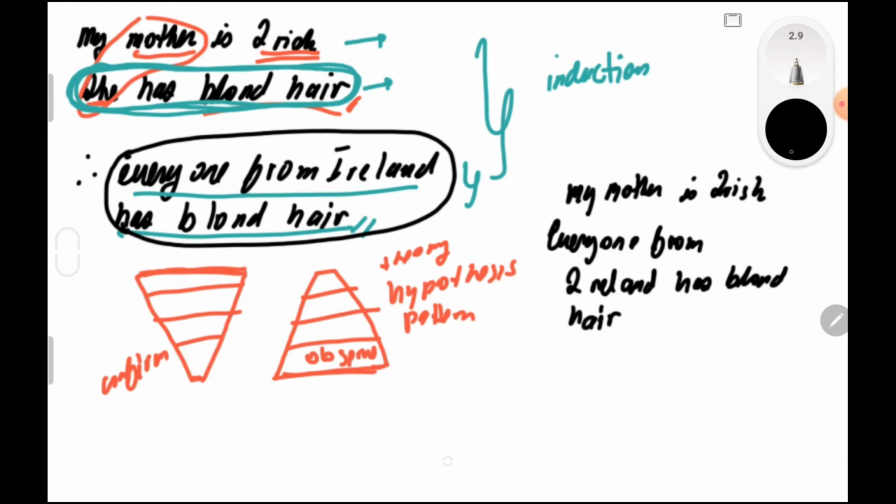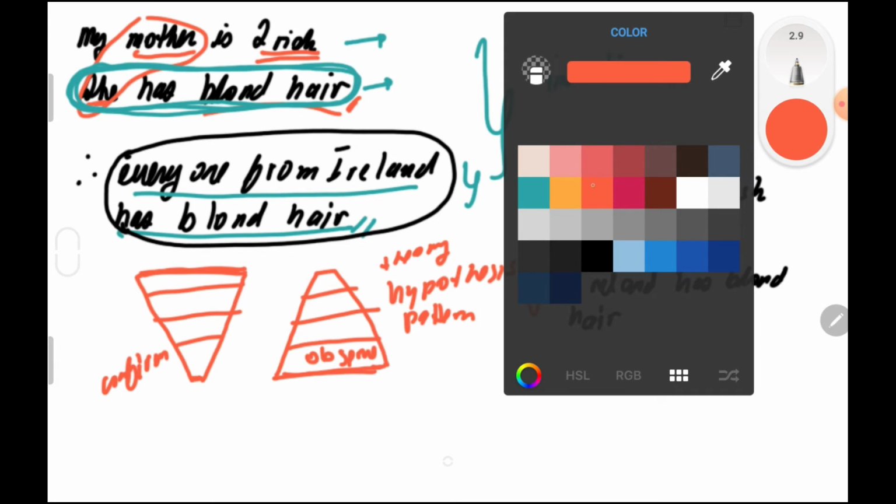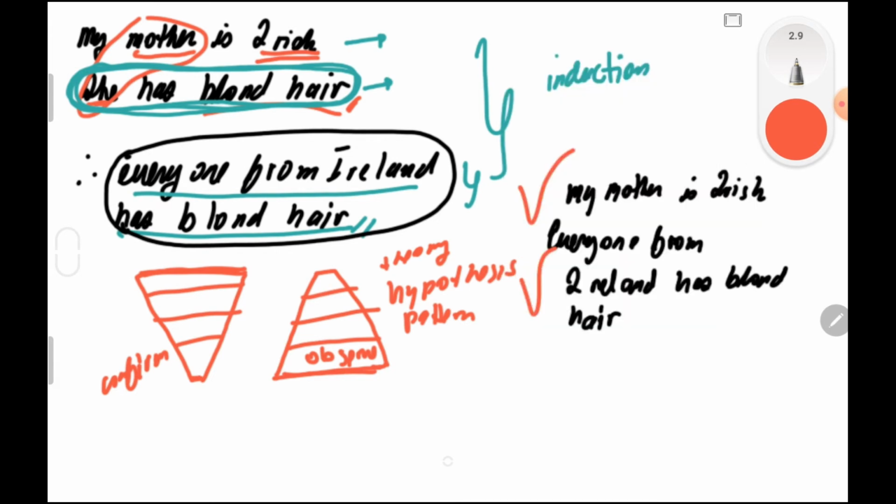So, hindi na siya observation kasi sinuport mo yung premise mo, itong first premise mo, ng another fact, di ba? Another fact or let's say assumed fact from deductive reasoning into a conclusion. So, therefore, my mother has blonde hair.